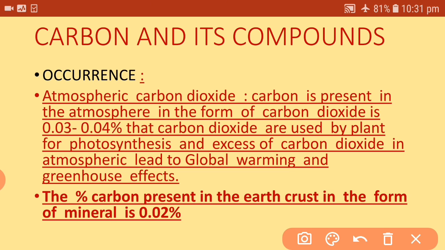But an excess amount of carbon dioxide in the atmosphere leads us to global warming and the greenhouse effect. Carbon in the form of bicarbonate is present in minerals at 0.02 percent.